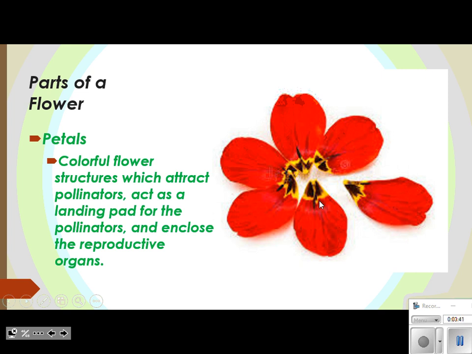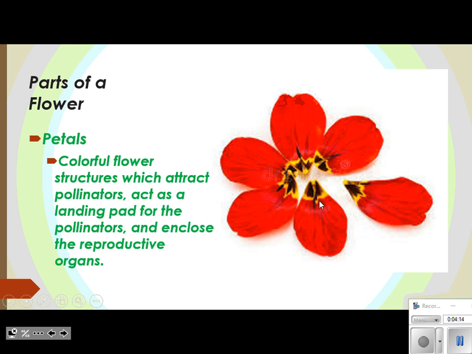It's the landing pad that the pollinators fly in on, and as you're going to see, when they fly in on these, they are going to help pollinate the flower. Because inside of these petals are the reproductive organs, both the male and the female.